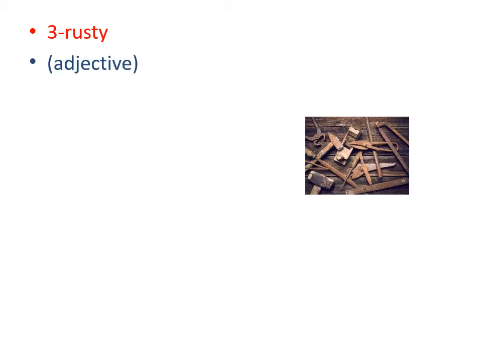Rusty is an adjective. Why? Because it describes something affected by rust. And when metal is affected by rust, it becomes this yellow brownish color. So what does rusty mean, Miss Nahla? It means metal decay or affected by rust.